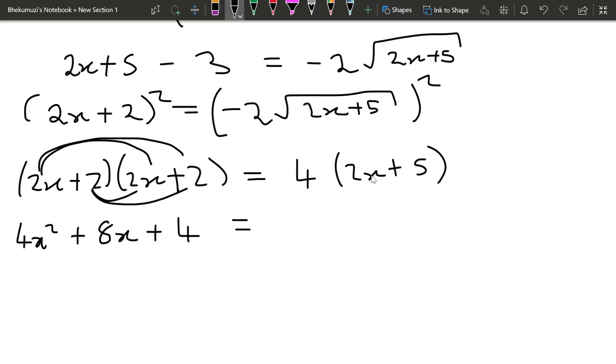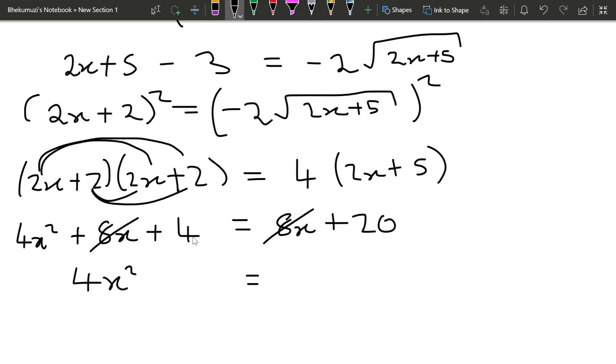And then on this side it's 8x plus 20, right? And then from here we can see we have 8x and 8x on both sides, positive 8x. So if we take that one to that side, they just cancel each other out. So we'll be left with 4x squared, right? And we take the 4 onto the other side, or we can just take 20 onto this side.